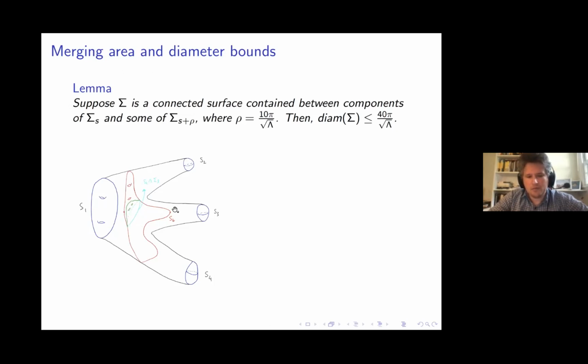Up to this point, by this lemma, I have a diameter bound of 40 pi over root lambda. But maybe a second later on mean curvature flow, the closest point to S1 and the furthest point of S1 will start to get further than 10 pi over root lambda apart, and then I might lose the applicability of this lemma. So I have to come here, cut these with curves, glue in minimal surfaces, and then start doing a mean curvature flow again from these pieces.